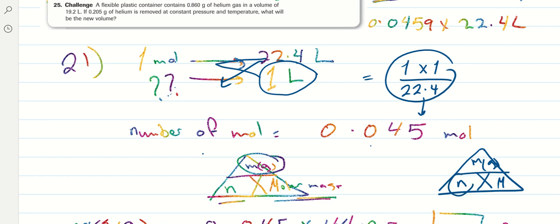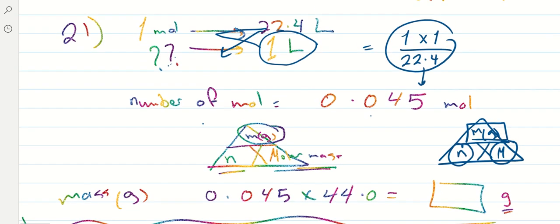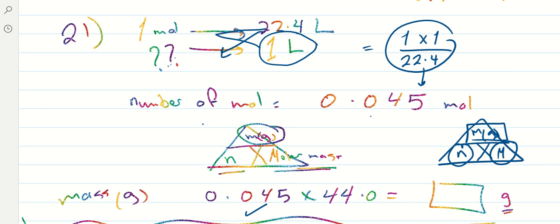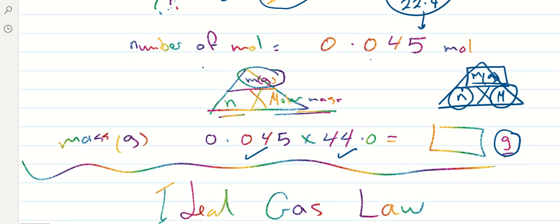I have the number of moles. Molar mass we can easily get from the periodic table. So the mass in grams will be equal to the number of moles we got, multiplied by 44, which is the molar mass of carbon dioxide that I got from the periodic table. This is how to calculate it in grams. So this is how to answer question 22.